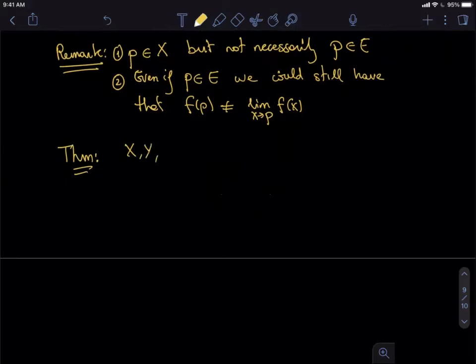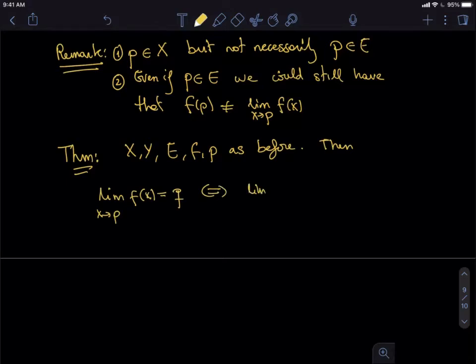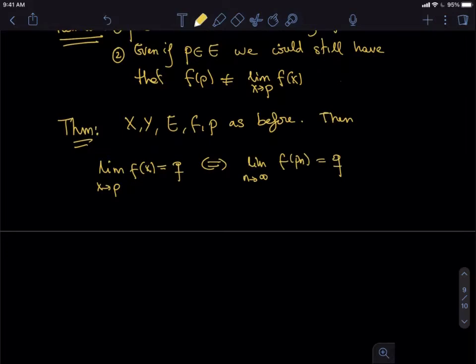So let's just take X, Y metric spaces, E, f, and p as before, as in the previous definition, and then the limit as x tends to p of f of x equals q if and only if the limit as n tends to infinity of f of p_n equals q for every sequence p_n in E such that p_n converges to p and p_n is different from p.